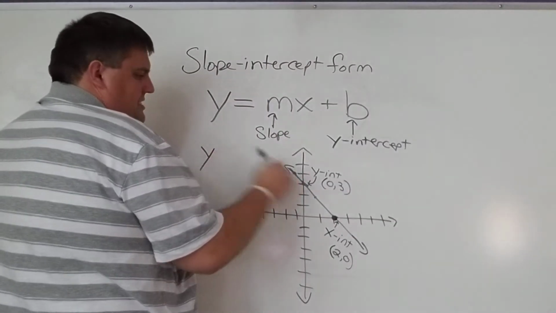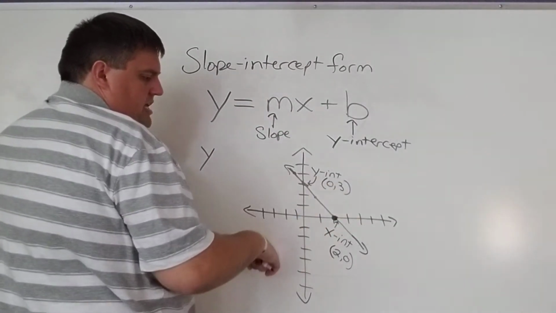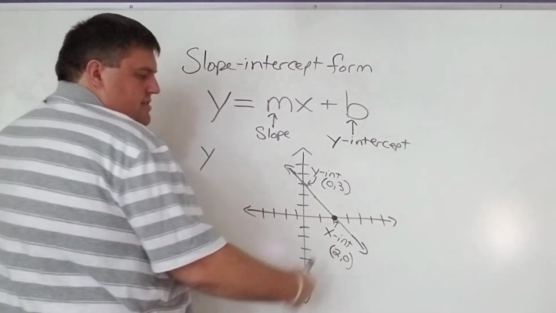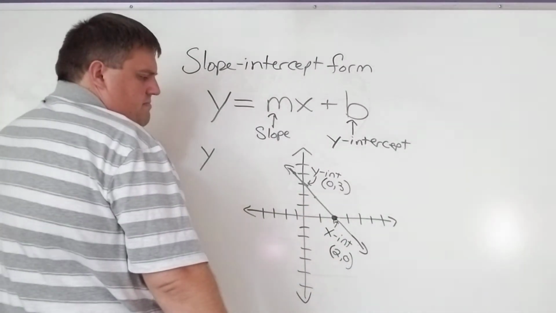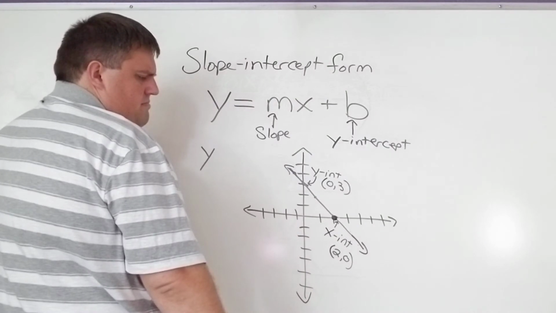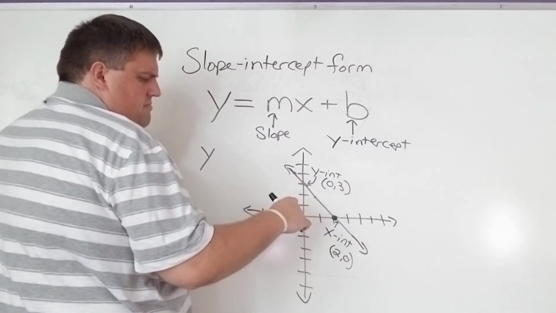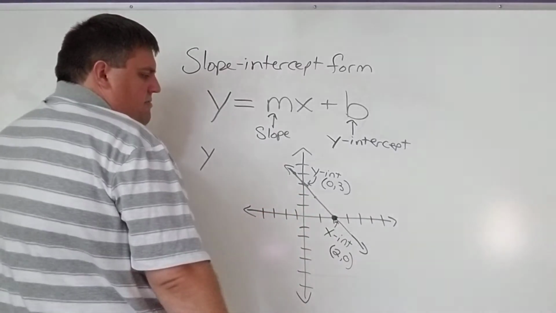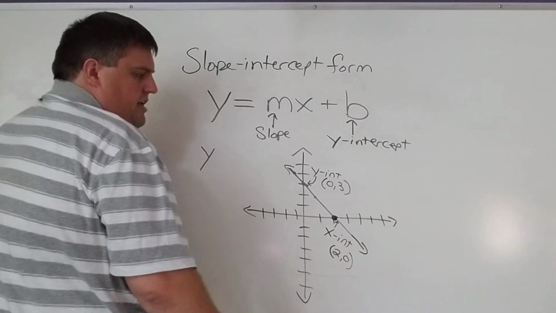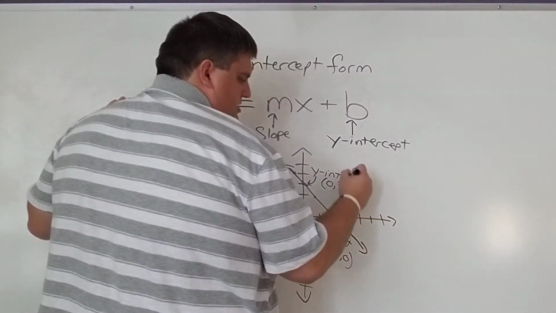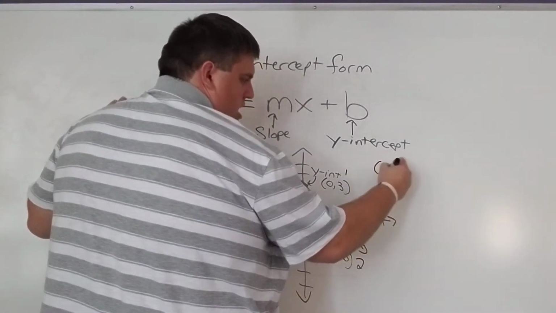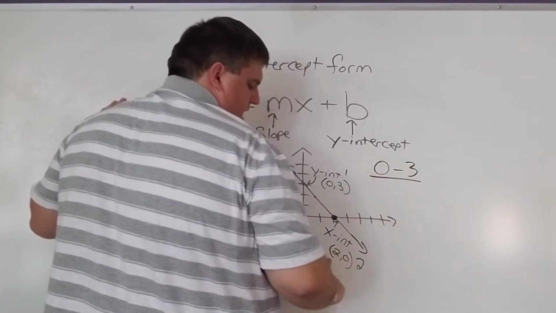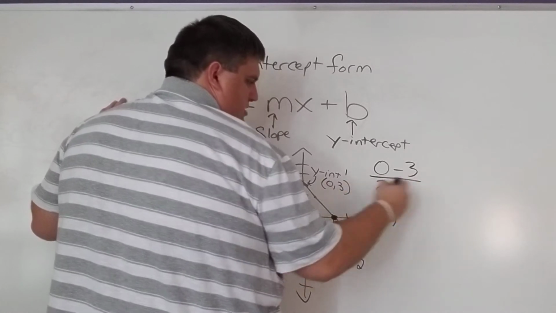Well, I can see that it crosses the y-axis at 3, and then I also need the slope. Well, I have 2 points. So maybe I could use those 2 points, right? So I could go, this is number 1, this is number 2. y2 minus y1 over x2 minus x1.